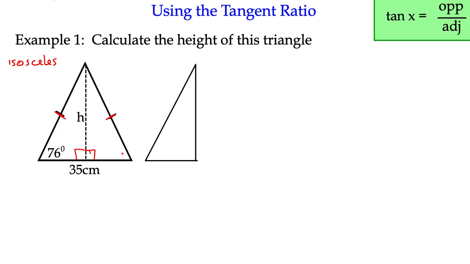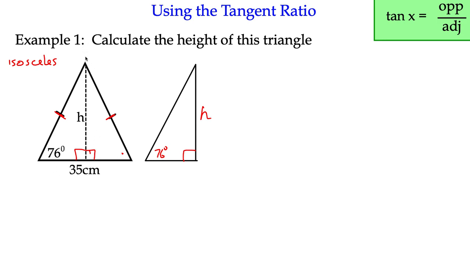It's almost exactly right, a wee bit sticking out. So here's the right angle, like that. This dotted line, the height h, is now this side here, h. We've got 76 degrees in there, so we can write in 76 degrees. And now we've got 35 centimetres all along the base.